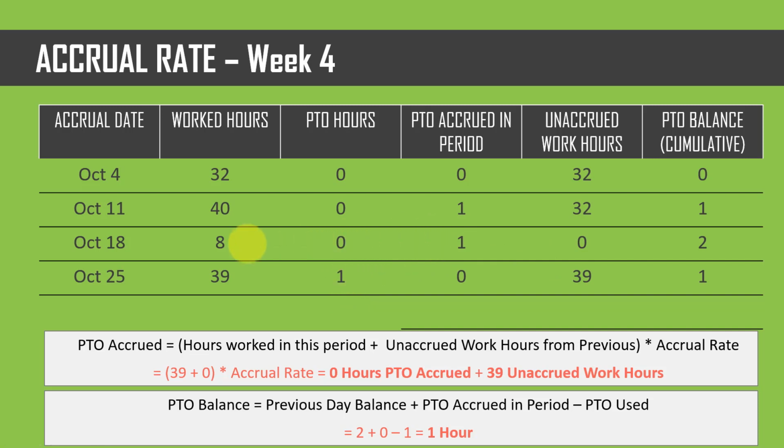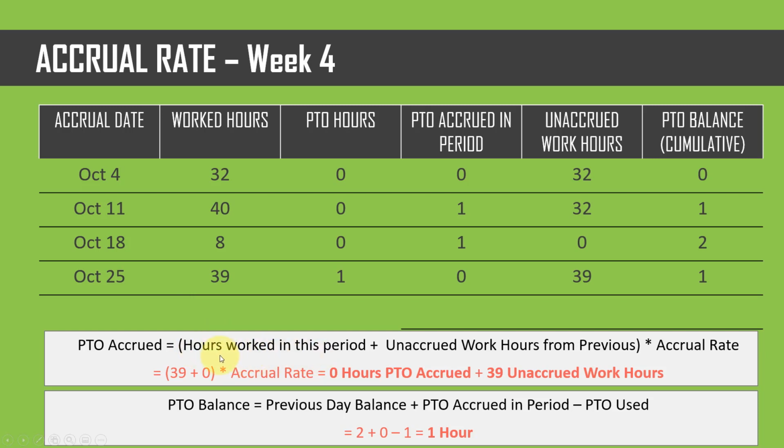And hence, in a 40-hour week, if the employee worked for 39 and took a PTO for 1 hour, it's actually totally 40 hours that the employee is getting paid for, but only 39 will yield more PTO in the future. So that is why when somebody takes a PTO, it's important to note that this is how the calculation works. Otherwise, it's pretty much the same thing.